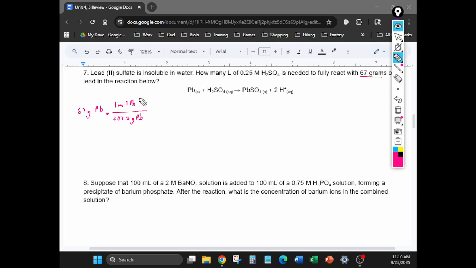That's going to convert it into moles, but we're not looking for the Pb. We're trying to figure out how much sulfuric acid can react with it. So we convert, and this is going to be a 1-to-1 ratio. 1 mole of Pb for every 1 mole of H2SO4.